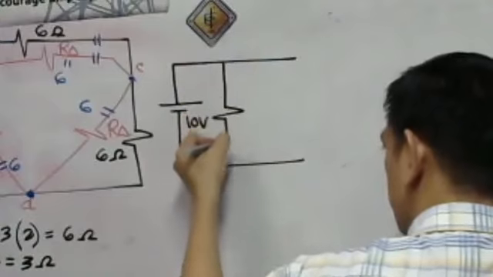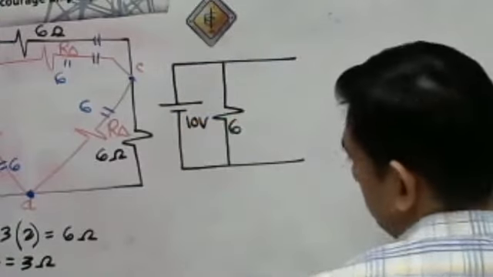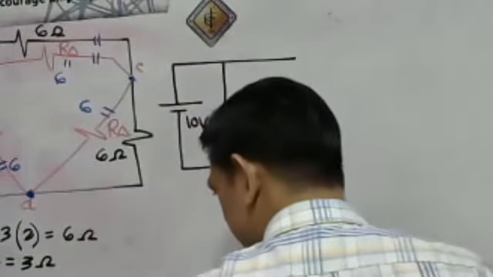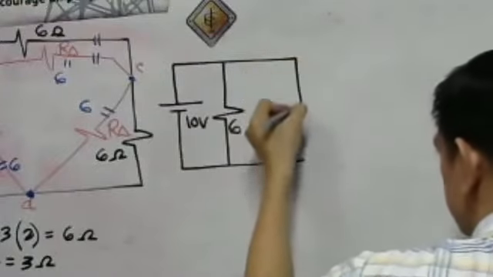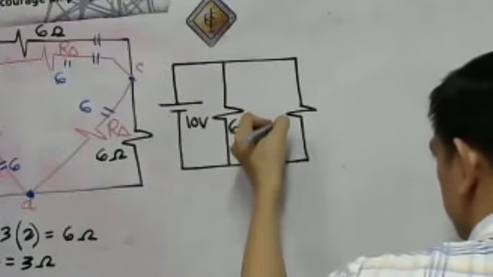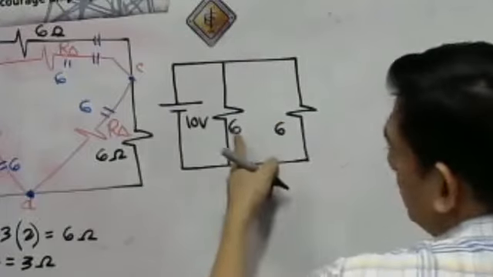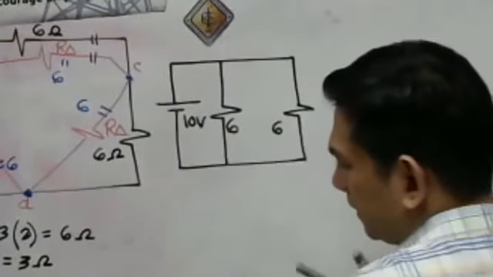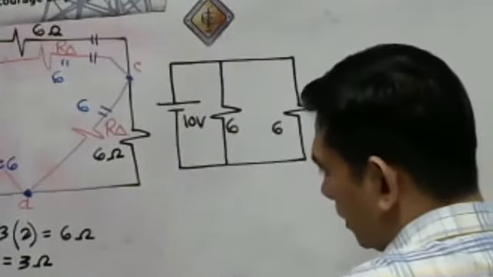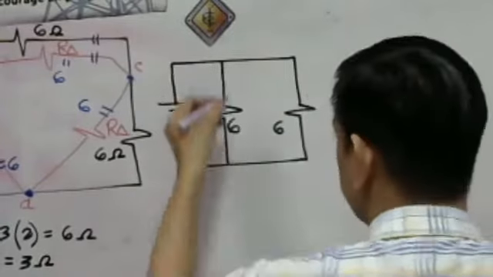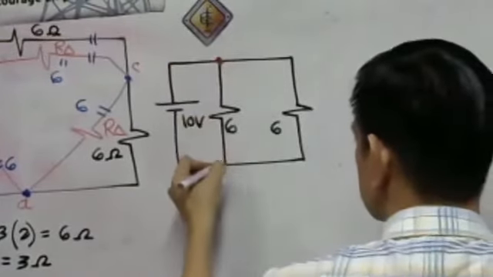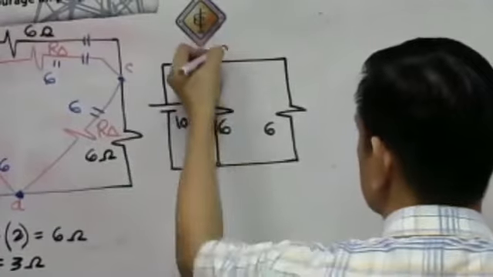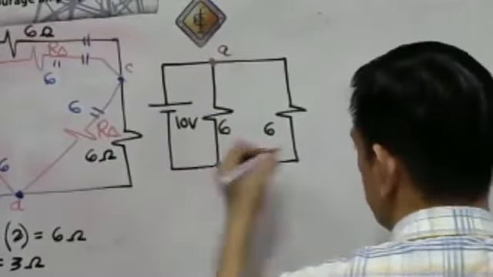We can put here our 6 ohm resistor. And then 3 plus 3 is 6, so that's another 6 ohm resistor here. They are basically connected in parallel, right? This will be our point A and point D.